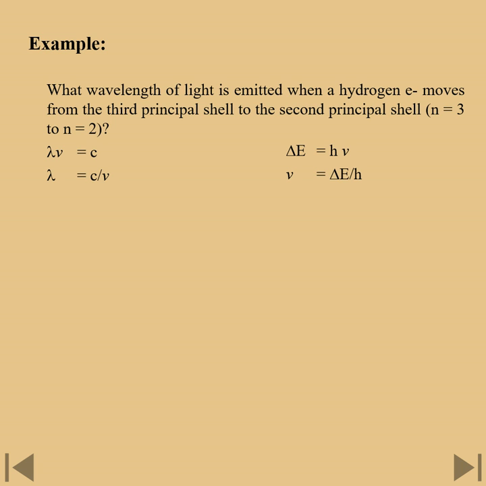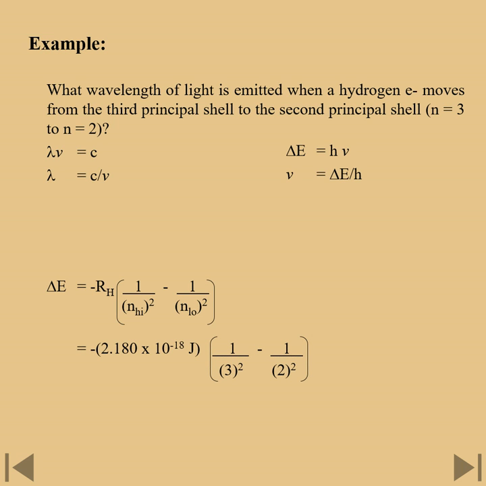And we're missing the change in energy, which comes from Bohr's equation, where delta E is equal to negative R sub H, the Rydberg constant, times 1 over n high squared minus 1 over n low squared. And again, you will be provided with the Rydberg constant, and you need to recognize n high is where n is equal to 3, and n low is where n is equal to 2.